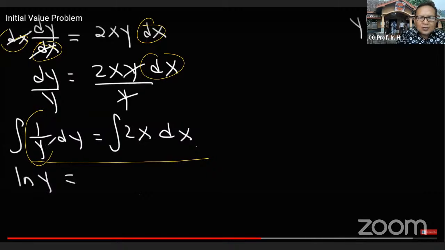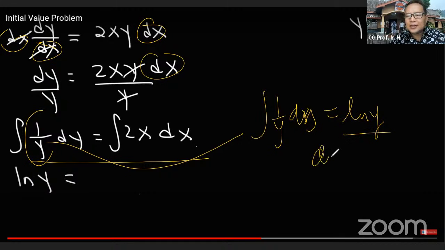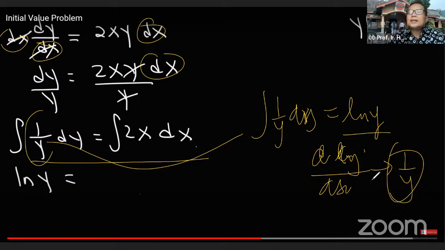The integration of 1 over y dy equals ln y. This is the solution. If we differentiate ln y with respect to x, we will have 1 over y here. So the integration of 1 over y is ln y.